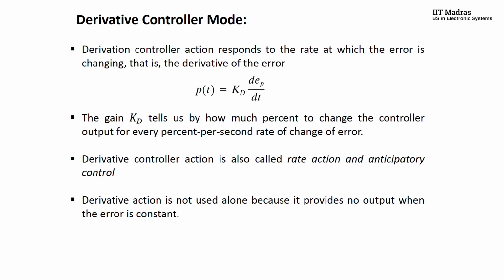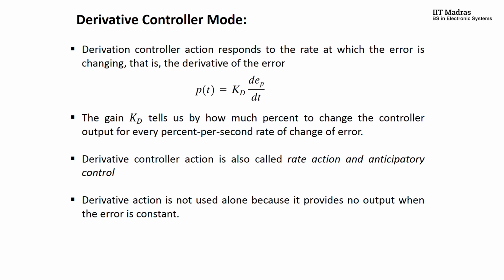Now let's talk about the next control mode, which is called the derivative control mode, wherein the control output is the simple derivative of the error multiplied by a constant Kd.